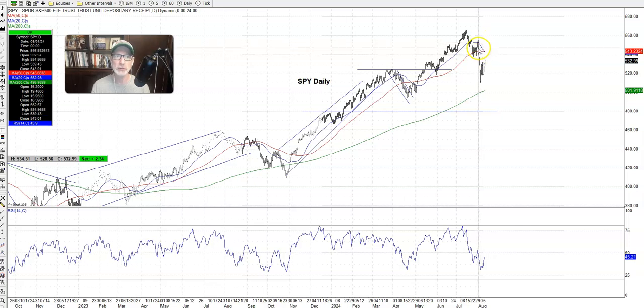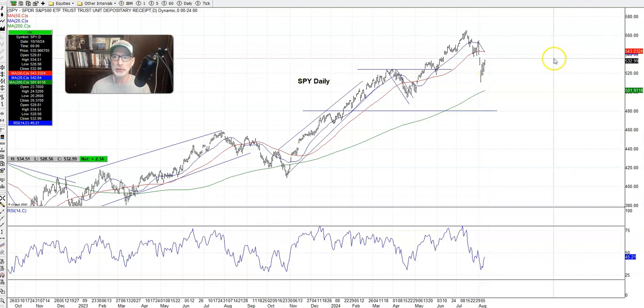This big day right here was Friday. This was August 1st and August 2nd, and then we had the big drop this past trading week. So what happens is that when the market drops big, you have these two indicators, the VIX and the Fear and Greed Index, that just really come alive.